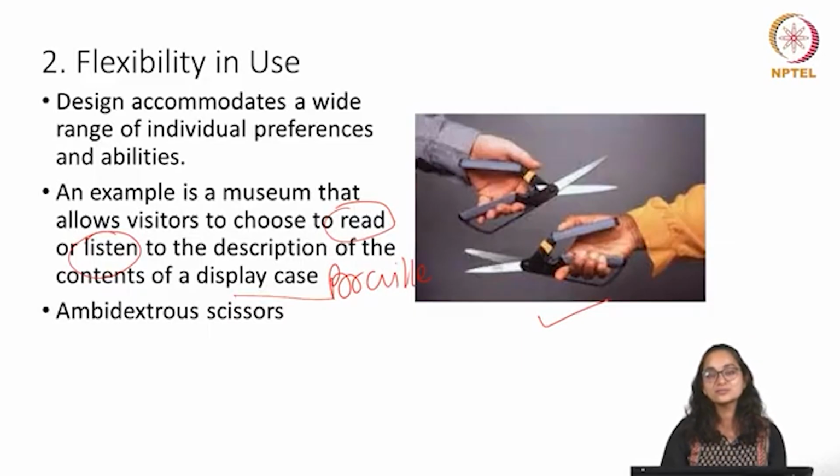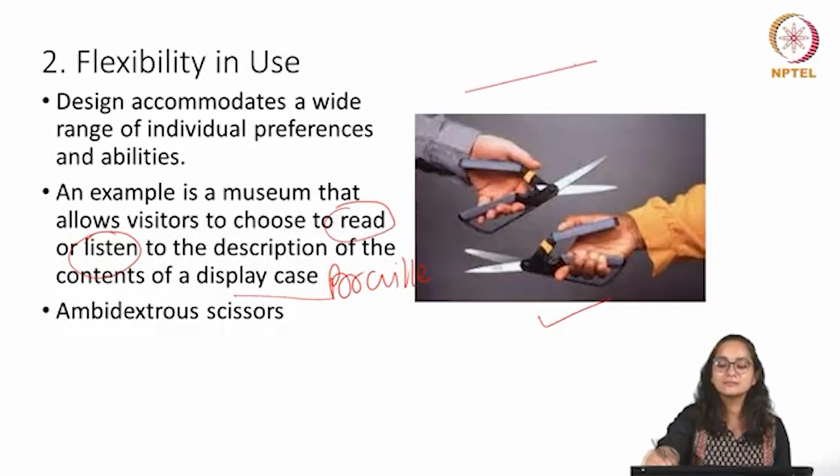So ambidextrous means that a left-handed person as well as a right-handed person can use the scissors comfortably without hurting their hand, and also they are able to cut the paper or whatever they want to cut. So maybe so far you might not have realized that actually it is very difficult.